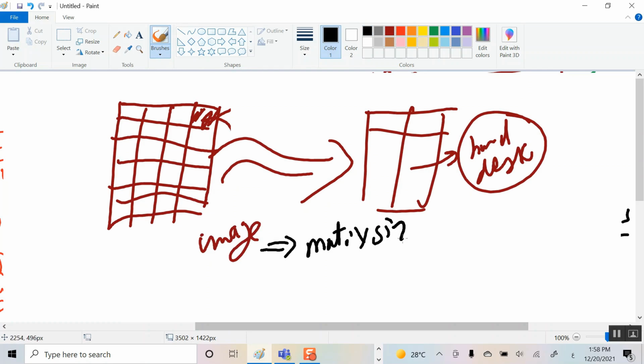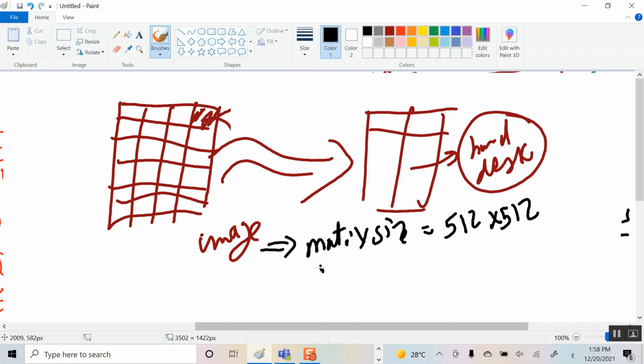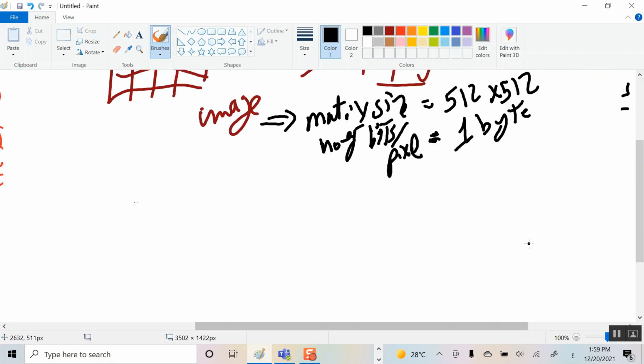The second thing you need to calculate is how many bits each pixel has, or the number of bits per pixel. Let's assume I have 8 bits, which is 1 byte, since every 8 bits equal 1 byte. So, I have 1 byte.